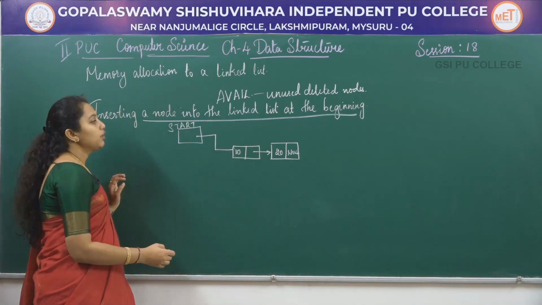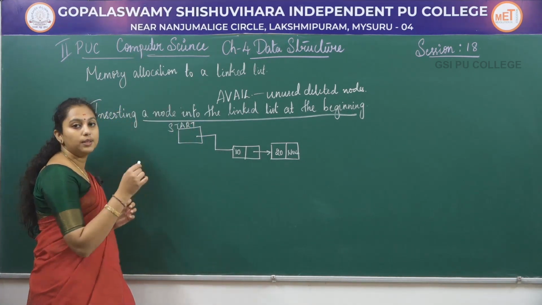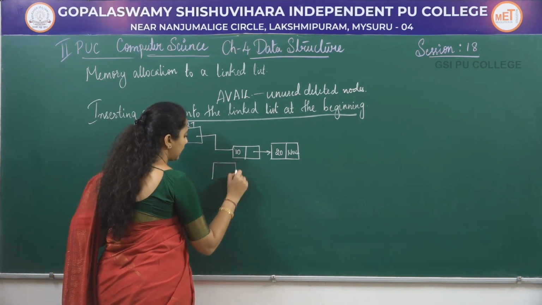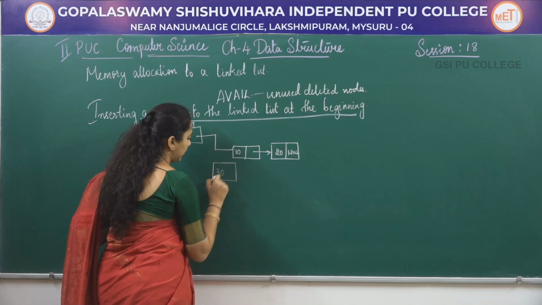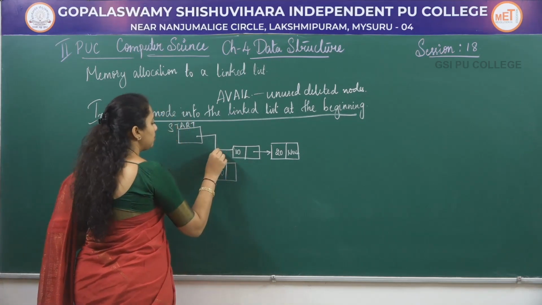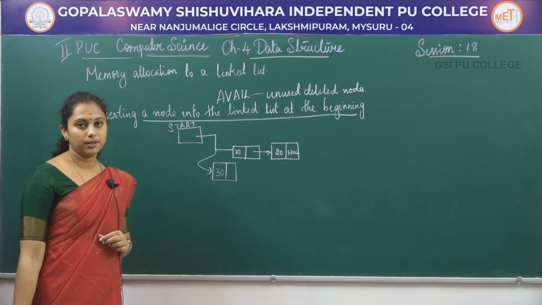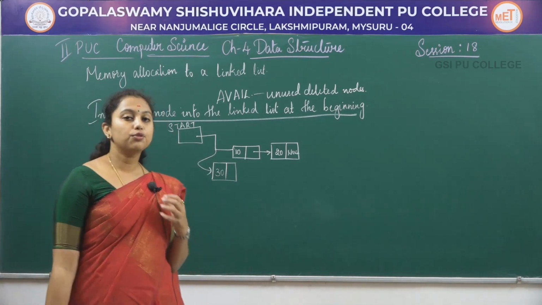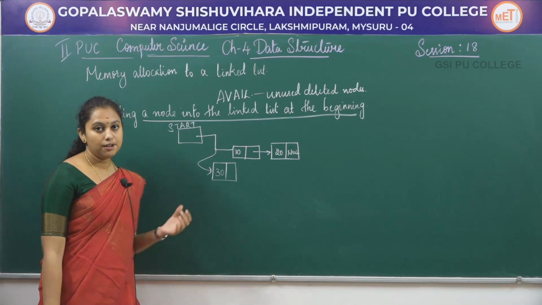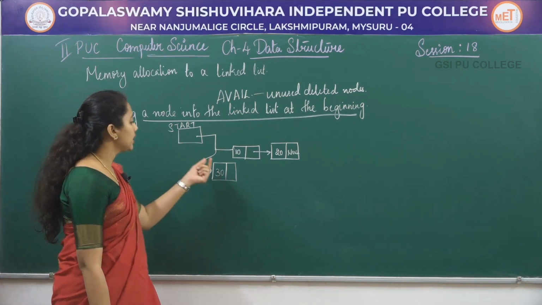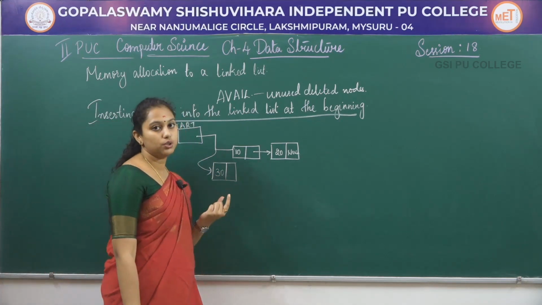So now I want to insert a node at the beginning of the linked list. I want to insert an item called 30 to the beginning of the linked list. So how to insert? We have to follow some steps. First we have to create a new node, then we have to insert an item into the data part of the new node.